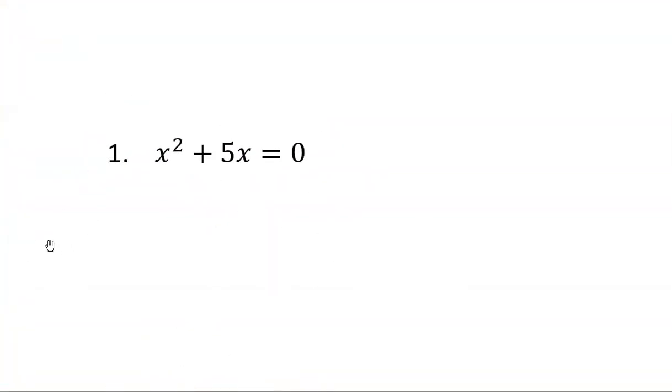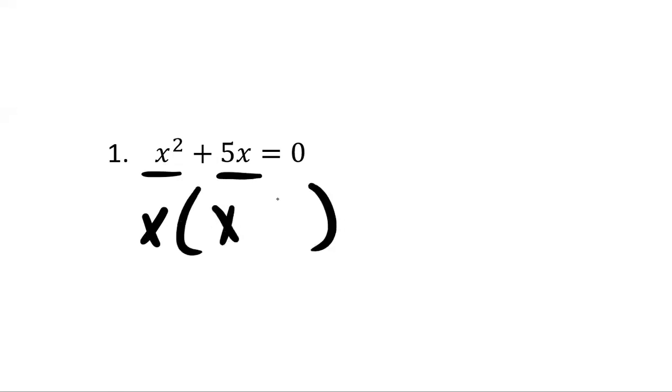So here we have an AB factoring situation. We have an x squared and we have a 5x. To solve that, what you need to do is get the GCF. For AB factoring, the greatest common factor is the most important thing. So what's the GCF between x squared and 5x? Both of them have an x. So if we factor out x, it'll leave us with x plus 5.